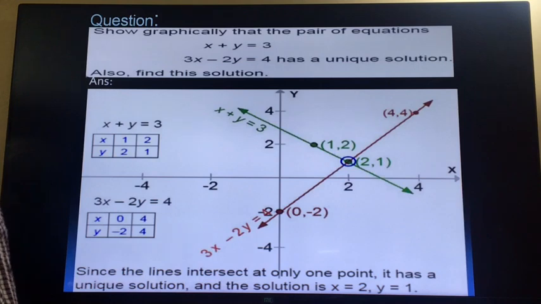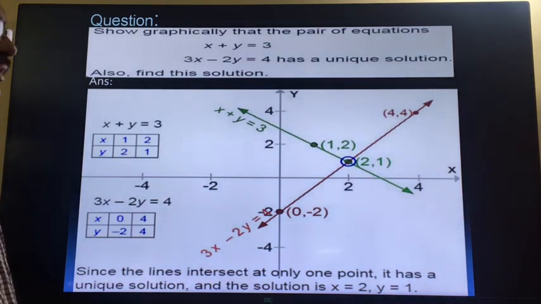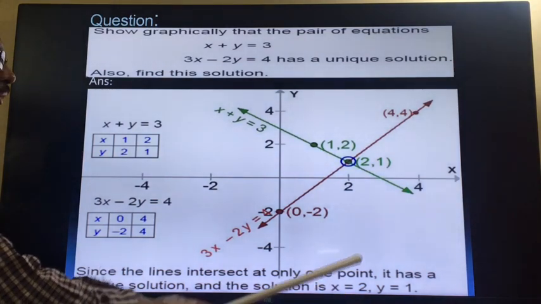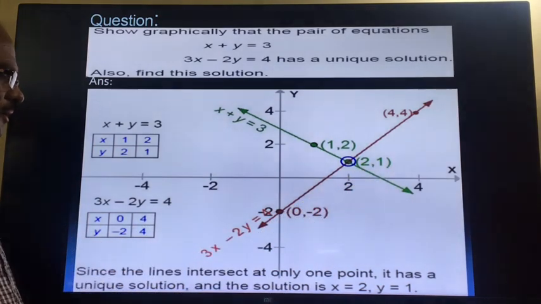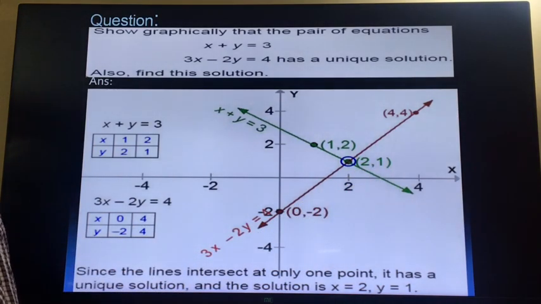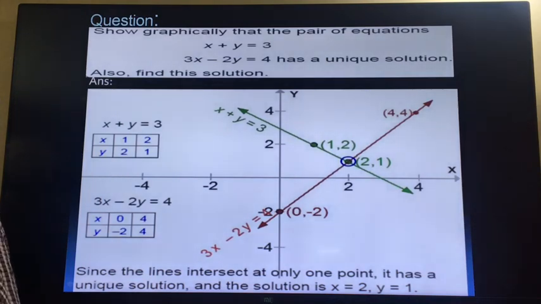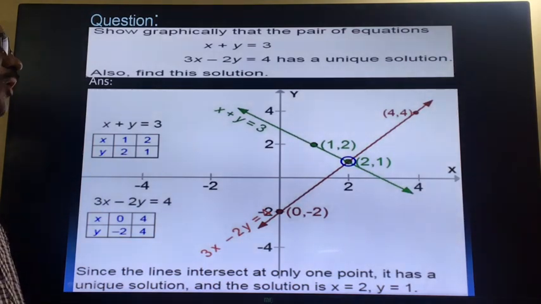Therefore the solution for these two equations is x is equal to 2 and y is equal to 1, or in coordinate form 2 comma 1. It has a unique solution because both the lines are intersecting at one point.